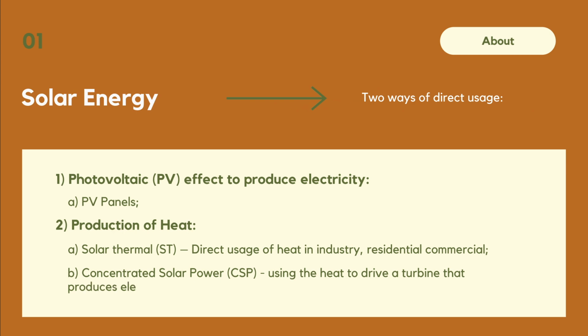Either photovoltaics, with a photovoltaic effect to produce electricity using photovoltaic panels, which are broadly used in many countries already, or by the production of heat, using solar thermal, with the direct usage of heat either in the industry, residential or commercial usage, or on the other hand, concentrated solar power, using heat to drive a turbine that produces electricity for the grid.